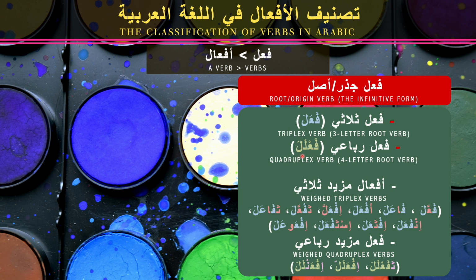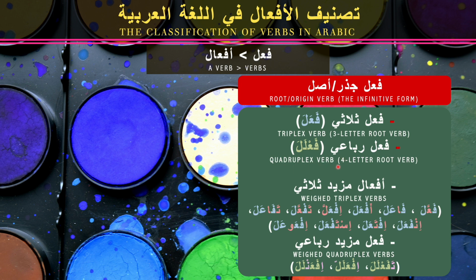Any verb in Arabic has a root of either 3 letters or 4 letters, and very rarely more than 4 letters. There are some verbs brought to Arabic that are not originally Arabic. They may have a root of more than 4 because they don't actually have a root in Arabic. So I just want you to understand, most originally Arabic words have a root of either 3 letters or 4 letters, and it is called فعل ثلاثي, triplex verb, or فعل رباعي, quadruplex verb.